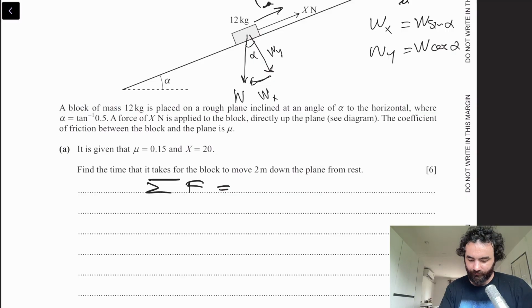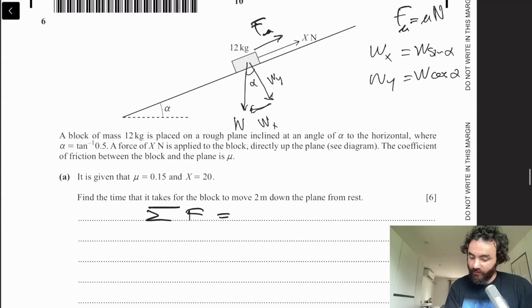Yes. Okay, so summing up all this stuff, we'll take up the slope as positive, or we could take it as negative. It doesn't matter, as long as they're different. So this would be Wx minus, I guess we take x.